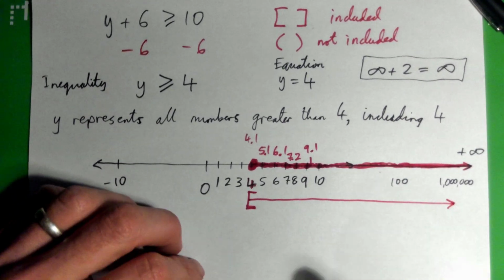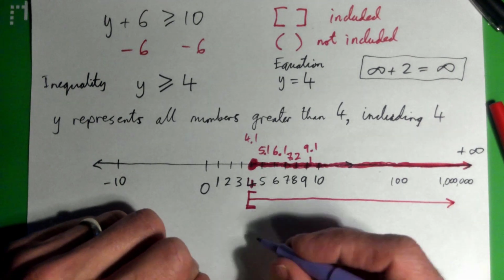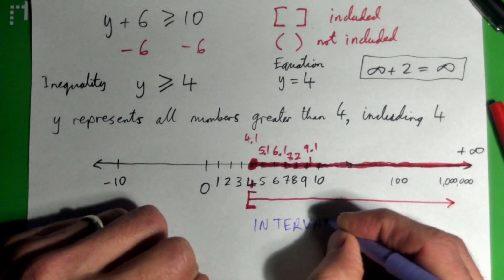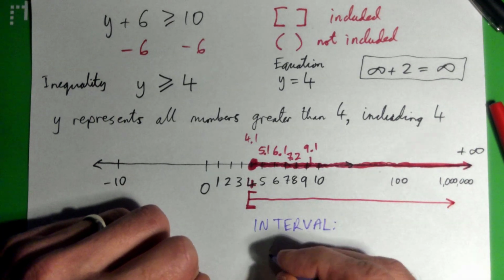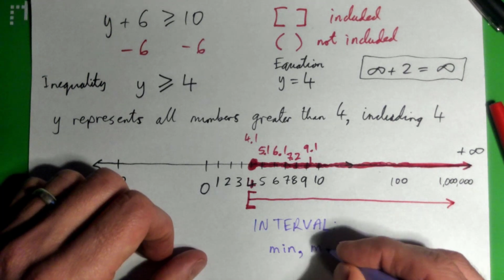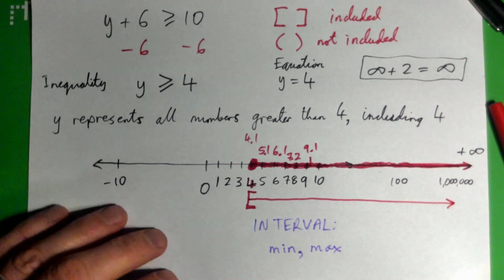Now, there's such a thing as intervals, okay? So we're going to write an interval. Now, an interval looks like this. You give the minimum number in the group and the maximum number in the group, and then you use brackets or parentheses.